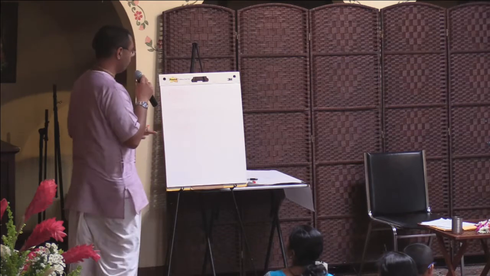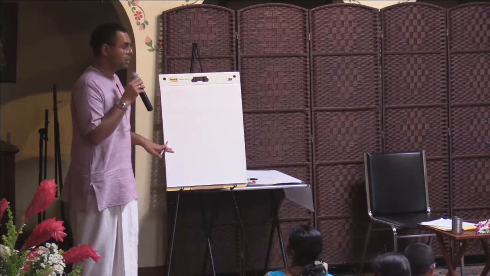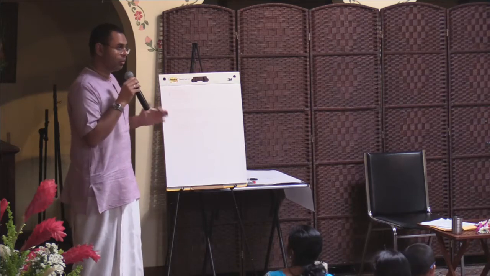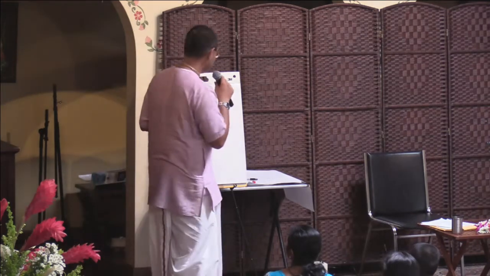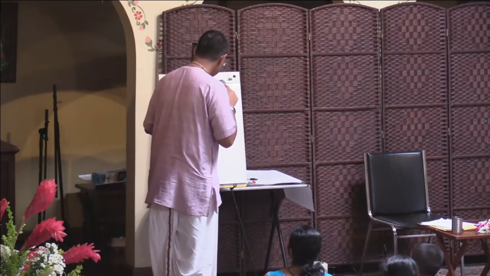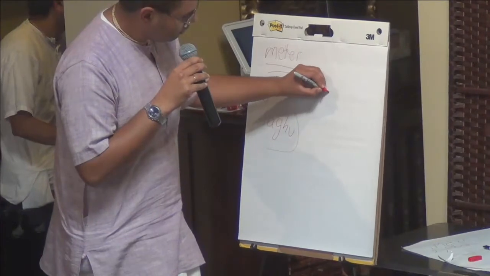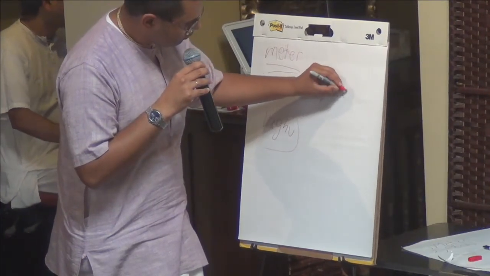So how do you know whether a syllable is guru or laghu? Because each verse, remember, is a pattern of guru and laghu syllables. Here is the criteria. A syllable is guru only if it has a long vowel.